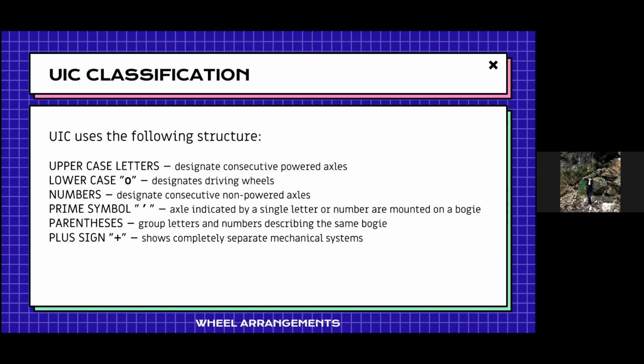Next is yung prime symbol. Axle indicated by a single letter or number are mounted on a bogie. And then parentheses, group letters and numbers describing the same bogie. And yung plus sign, which is shows completely separate mechanical system like sa mga multiple units. Next po.